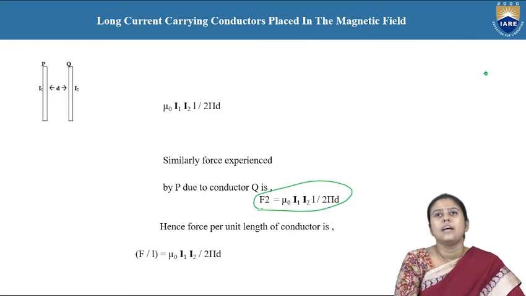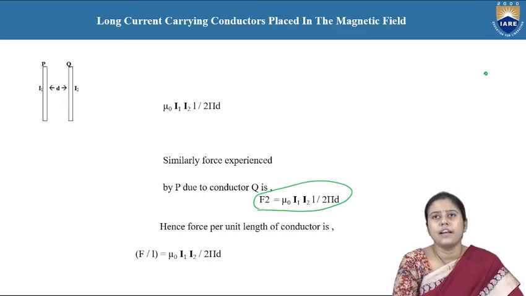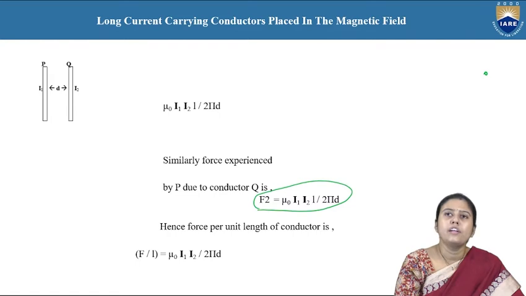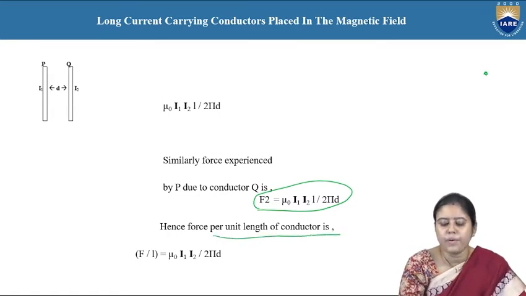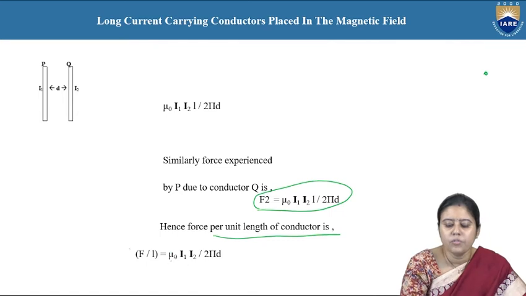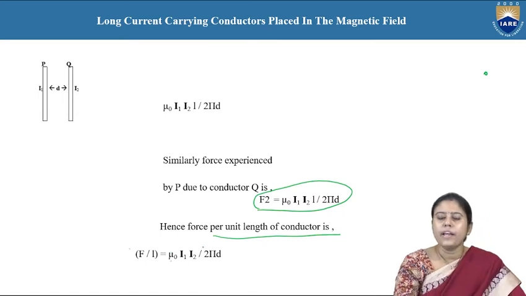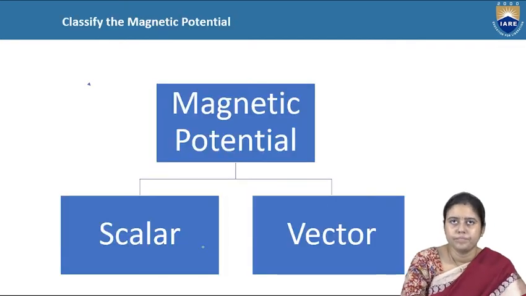So F1 is equal to F2, both equal to mu naught I1 I2 L by 2 pi d. And if we want to calculate the force per unit length, it is mu naught I1 I2 by 2 pi d.